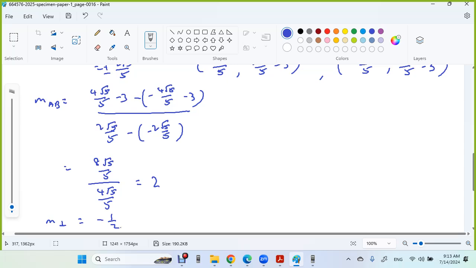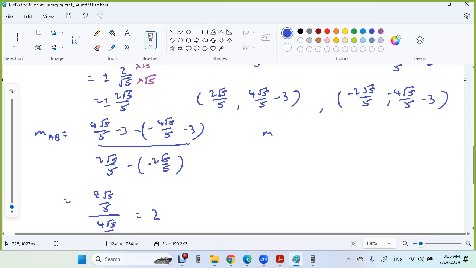Okay. So the midpoint will be the sum of these two divided by 2.